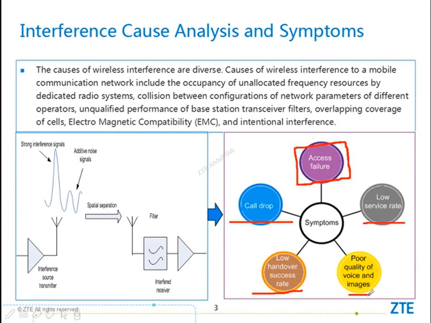And if you use VoLTE, the VoLTE is also very sensitive to the interference. If one cell has a big interference problem, then if you make a VoLTE voice phone call in this cell, of course, the voice quality will be very poor. So this is the interference overview.